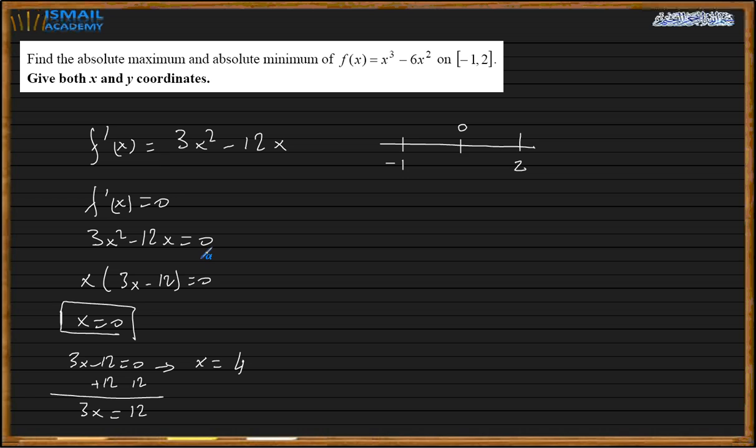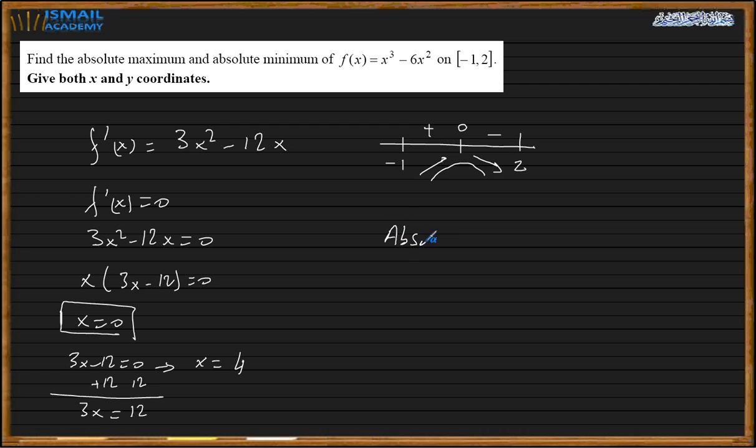If I pick, for example, something less than 0, you can pick minus 1 and plug in minus 1 here. So you're going to end up having a positive value in the derivative. That means this is going to be positive and here is going to be negative, which means that this is increase, this is decrease. That means this is a local max, which means the absolute max.